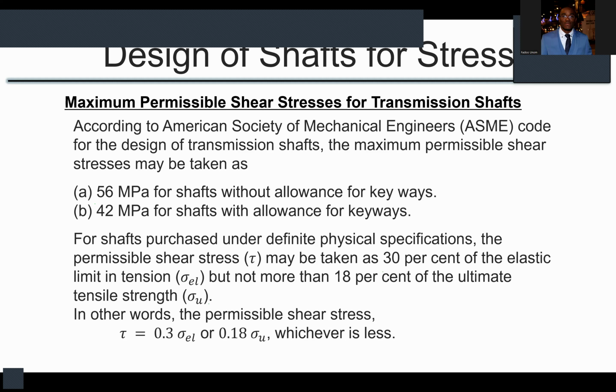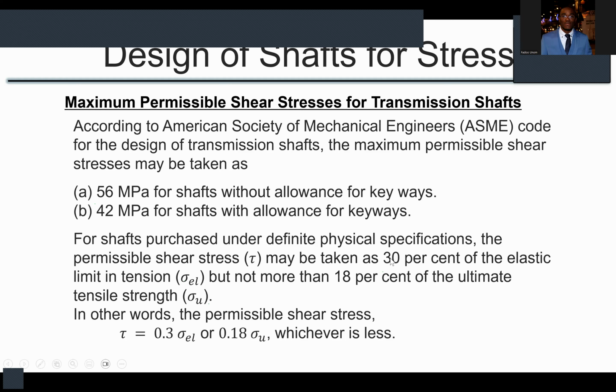But if you have the material properties, the physical properties, then we are considering either 30% of the elastic limit in tension or 18% of the ultimate tensile strength. Now, notice that these values, the elastic limit in tension, they are normal stresses. That's why we're not taking 60.